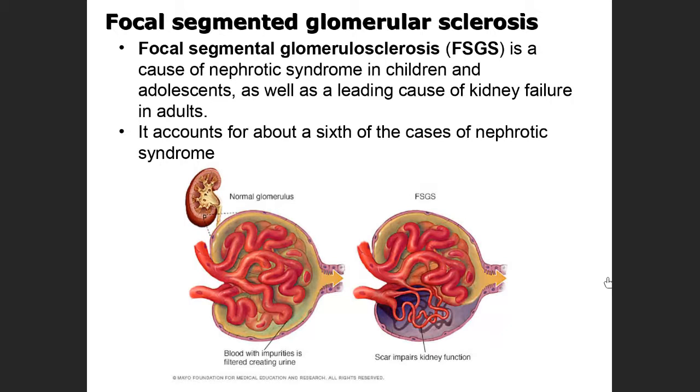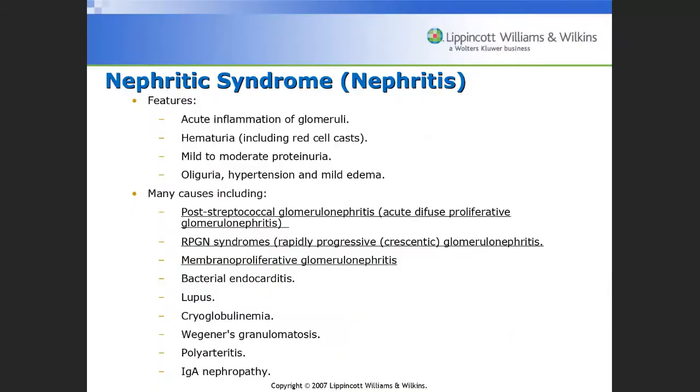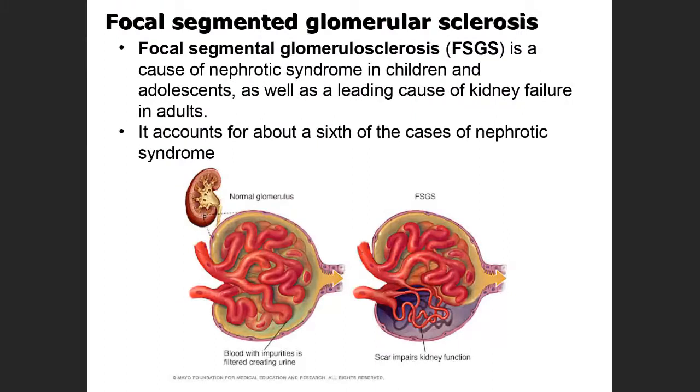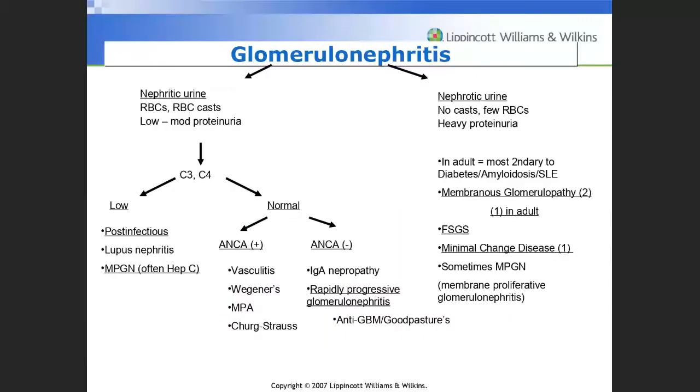Again, I'm just going to turn this off. I would think that the four diseases associated with glomerulonephritis that are considered nephrotic are minimal change, which you saw, membranous glomerulopathy, secondary to other disease, and focal segmental.